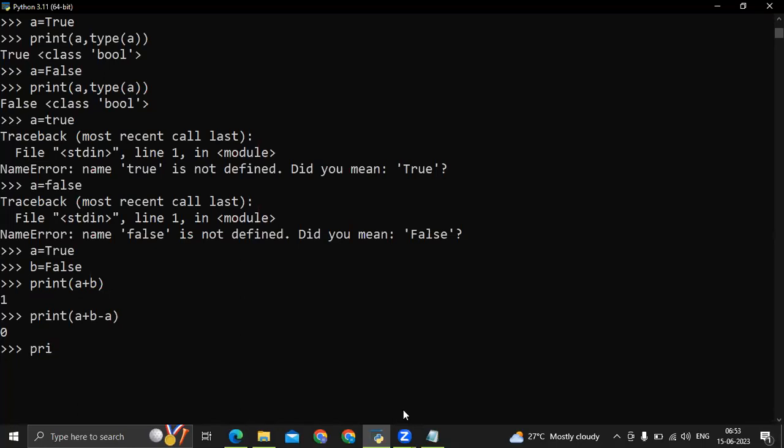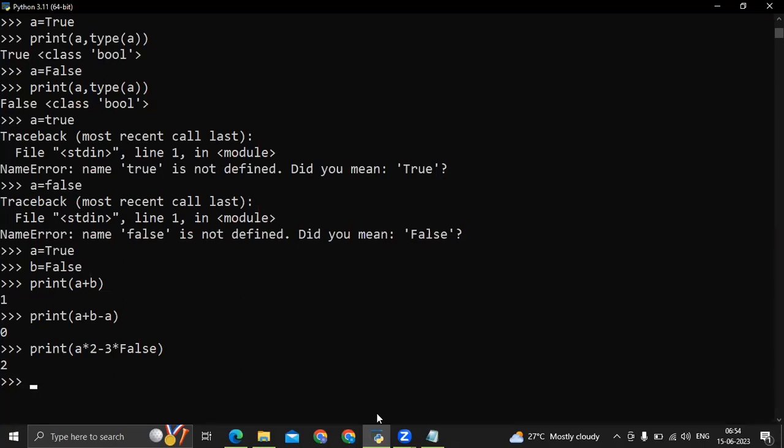If I write print A star 2 minus 3 star false, what will be the answer? It's true.